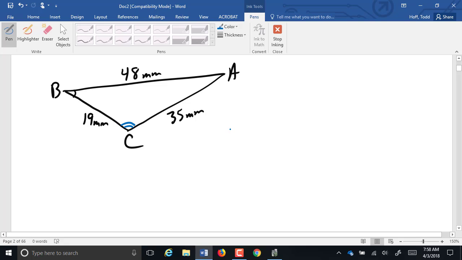So when we set up our equation, what number goes in the front side of the equation? 48 squared, of course. So, things we can combine.